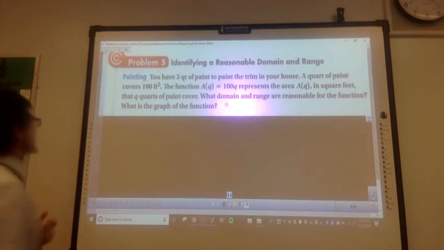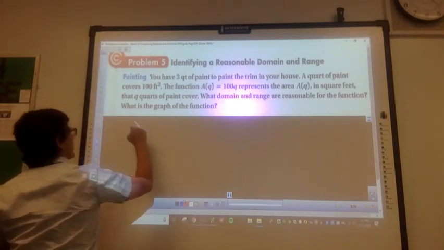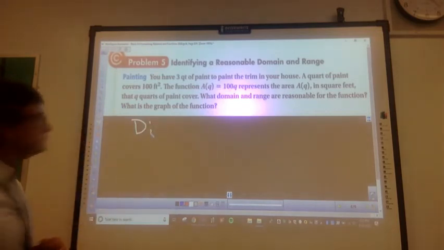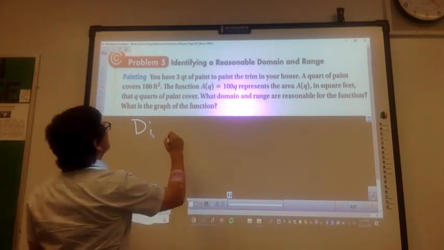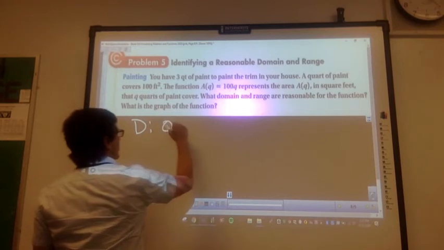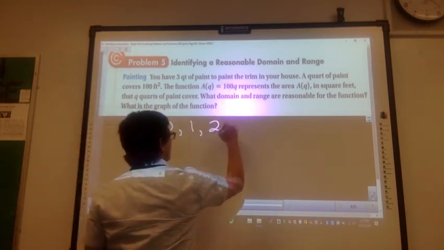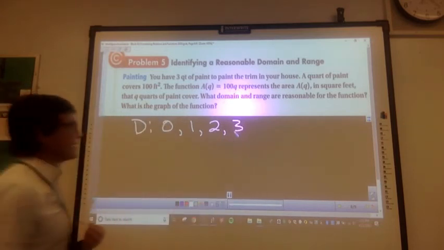Okay, so we'll talk about that. I'm going to start with 0. Just makes it easier for a graph because they're asking us to graph here. So I'm going to do 0, 1, 2, and 3 for my domain values.